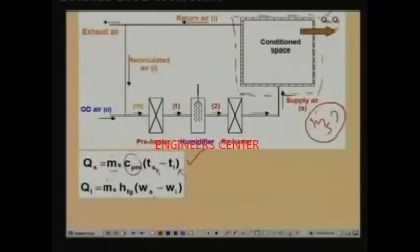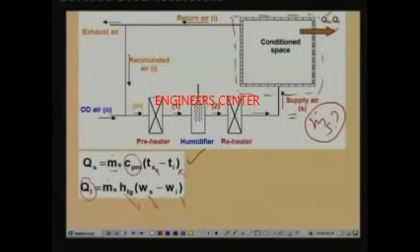And similarly, for the latent heat, you can write the energy balance like this. Latent heat transfer rate QL is equal to m dot s into HFG, which is nothing but the latent heat of vaporization of water, multiplied by Ws minus Wi, where Ws is the humidity ratio of the supply air and Wi is the humidity ratio of the outlet air.